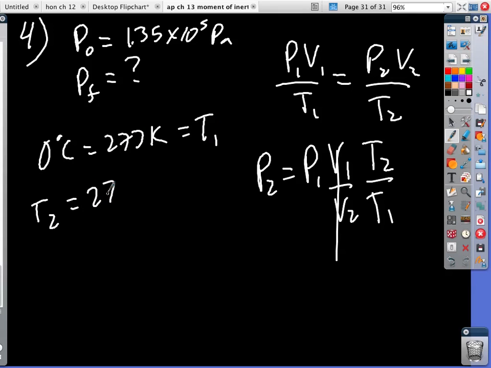T2 is equal to 273 Kelvin plus delta T. Where do we get delta T? From part 3. So take that delta T, add it to 273, and I get my T2. And that's it.